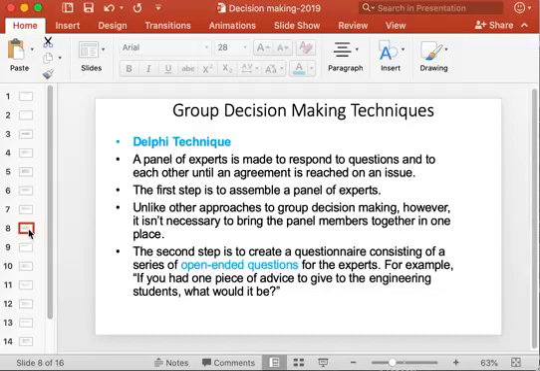For example, one question could be, if you had one piece of advice to give to the engineering students, what would it be? So, open-ended questions are such questions to which you can have multiple answers.